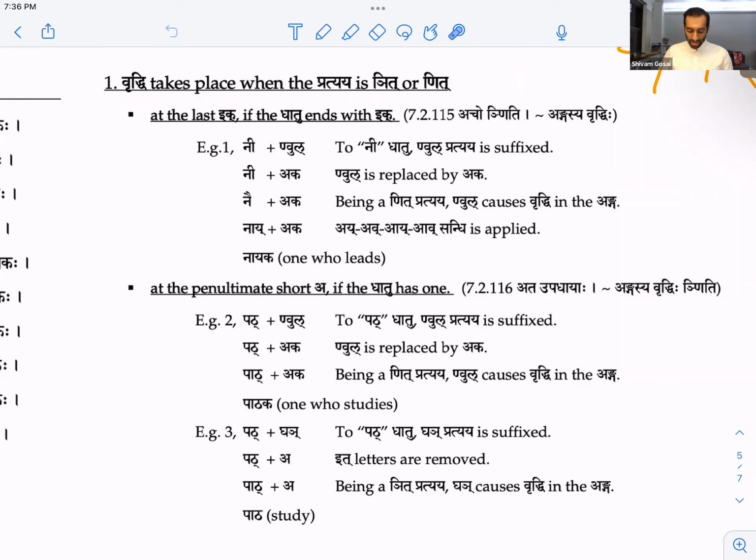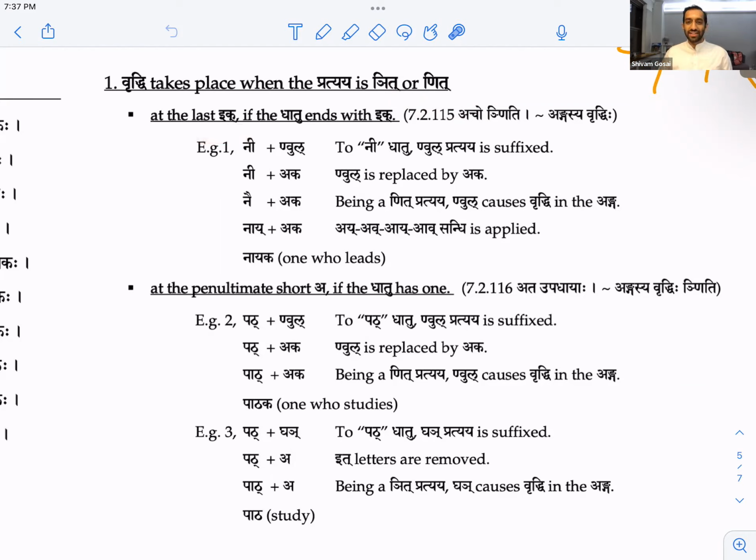For example, Nvul has a nakara that comes and goes, right? So it's a nit, meaning nakara is an it letter for nvul. That means vriddhi can take place. Where can vriddhi take place? It can take place at the last ik.